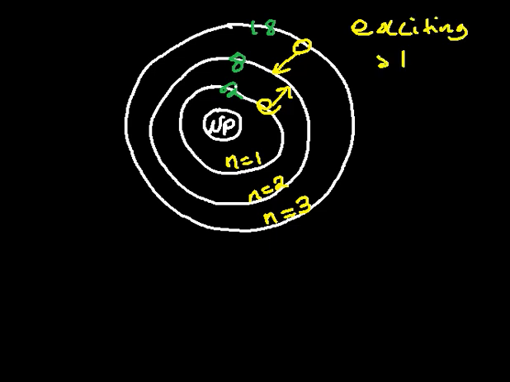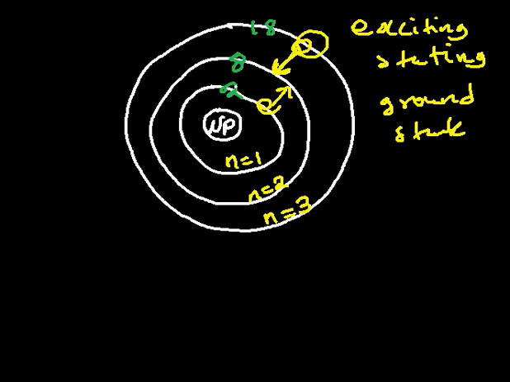Whereas when the electron moves from upper energy level to lower energy level, we say it is at the ground state. So keep that in mind. It is at the ground state where the electron has moved from upper energy level to lower energy level.